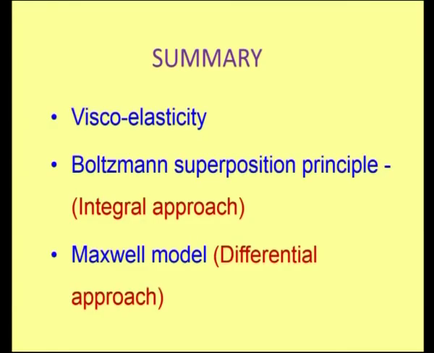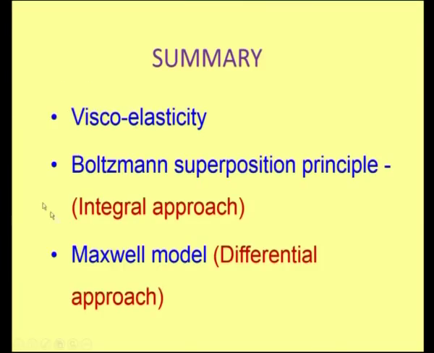The second one is the additive nature of the creep behavior exhibited by viscoelastic materials when subjected to a stress. Here the Boltzmann superposition principle is simply the summation of all the individual creep behavior. That is why it is well explained by the use of an integral equation, which is simply a summation of this creep effect.